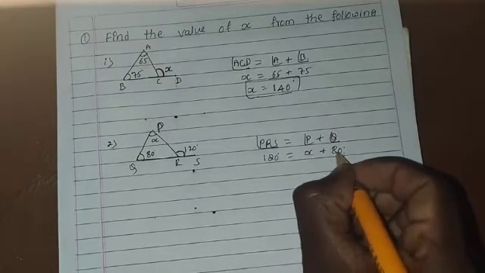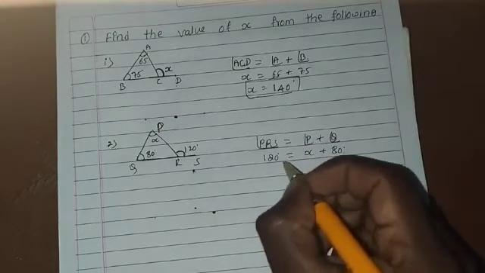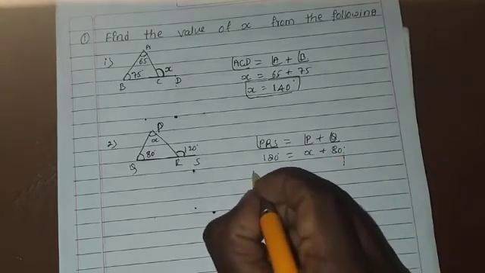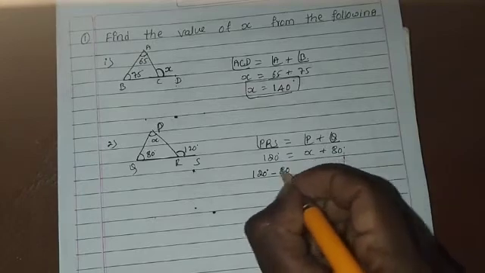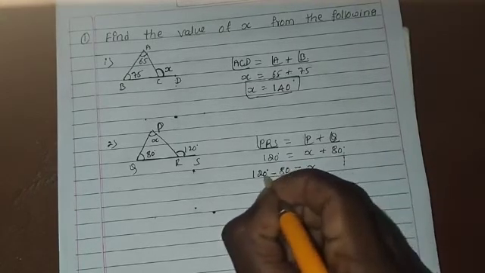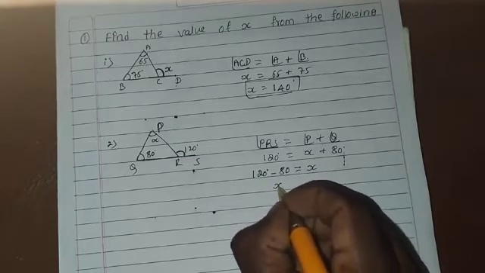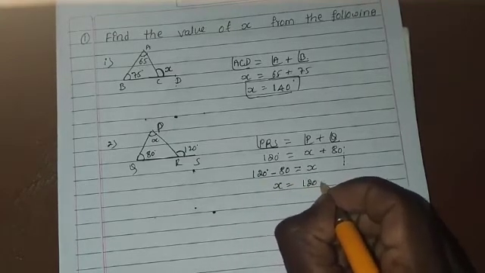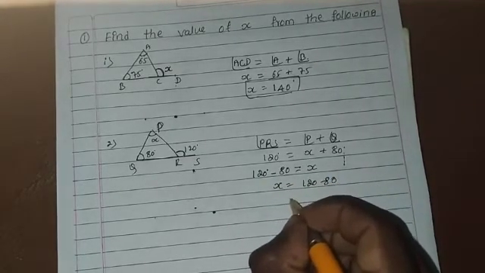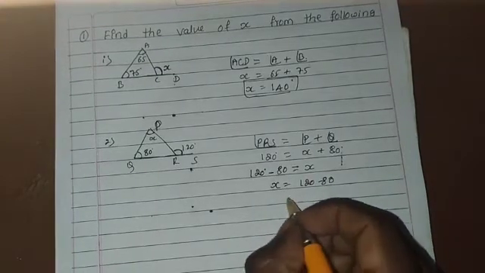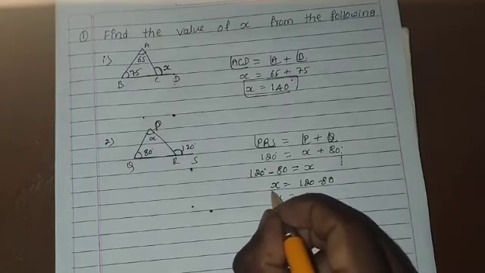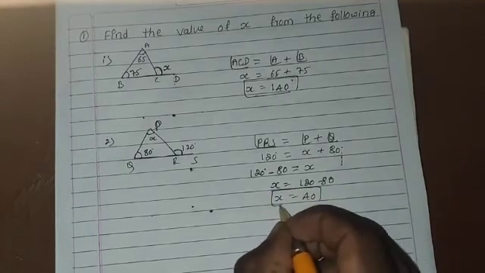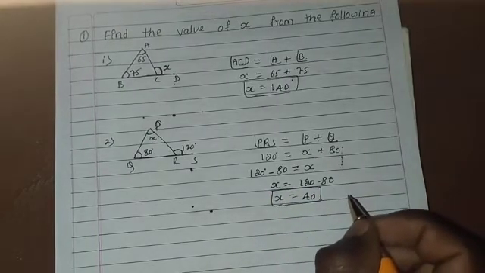Now we have to shift the 80 to the left side of the equals, and it becomes negative. That is x is equal to 120 minus 80. Subtracting 80 from 120, we get 40. Thus we find the value of x by using the exterior angle property.